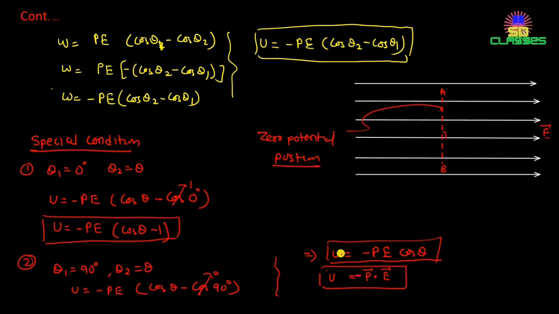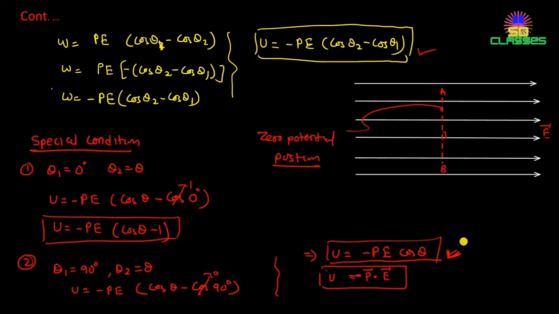So while calculating the potential energy, we will consider that it is in the zero potential position. Therefore, in general we only consider this formula to calculate the potential energy for this type of problems. Not the other formula. This formula is considered for solving problems related to a dipole inside an electric field.